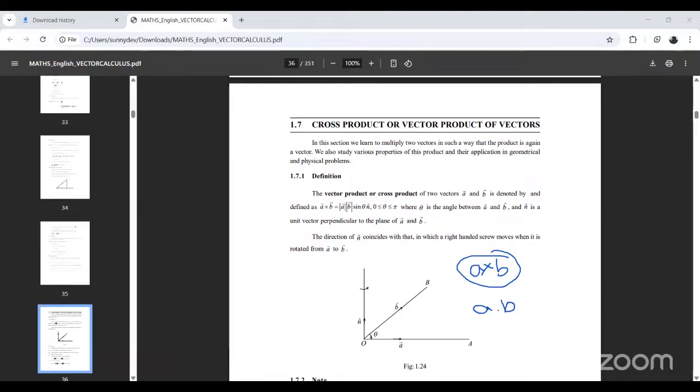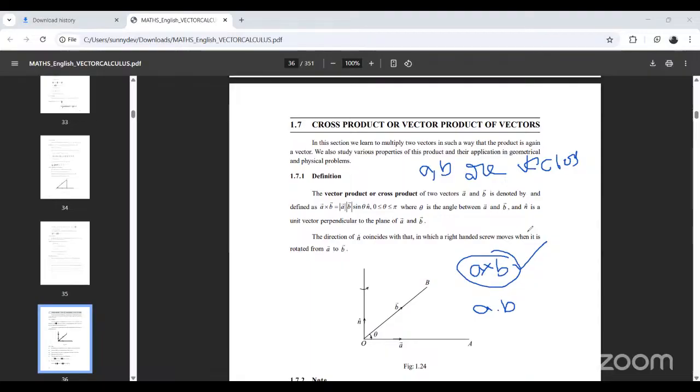See, listen. If A comma B are vectors, then A cross B is a cross product and A dot B is a dot product.